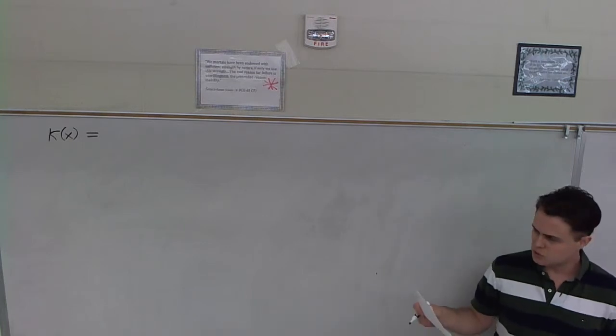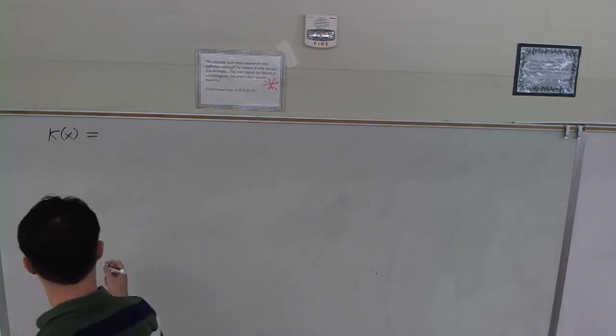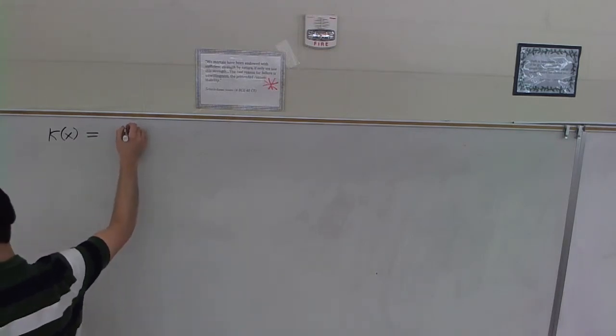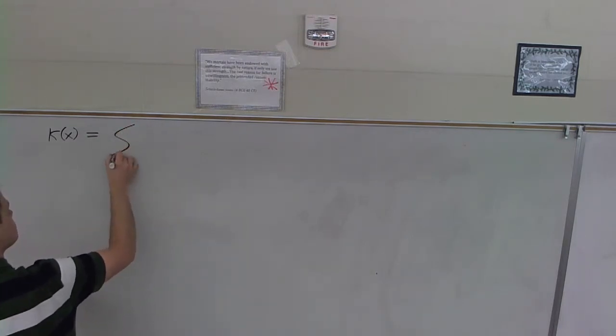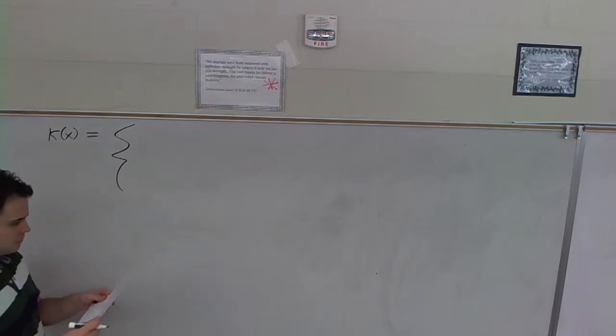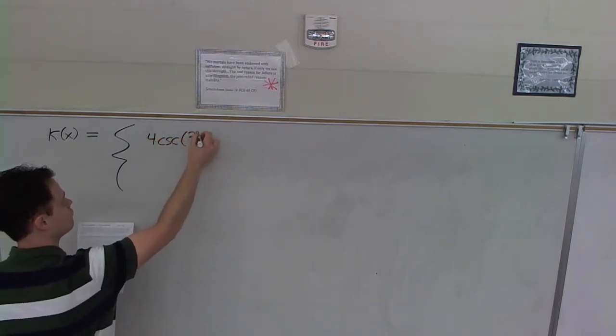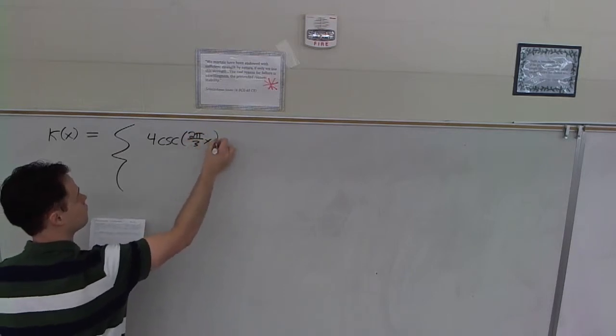Okay, so, K of x. How many pieces does K of x have, you guys? How many? 2? What's the first function? 4 cosecant of 2 pi over 3x plus 2.